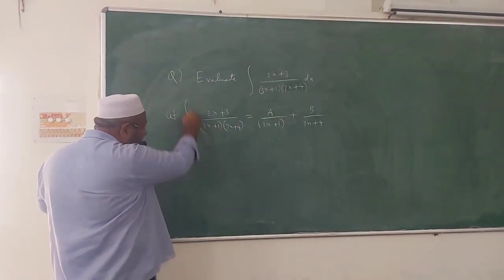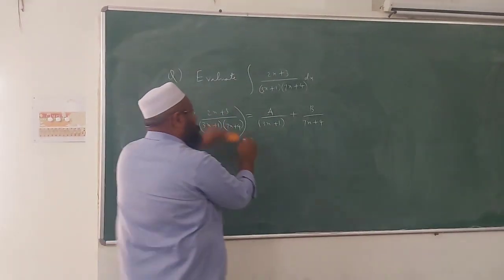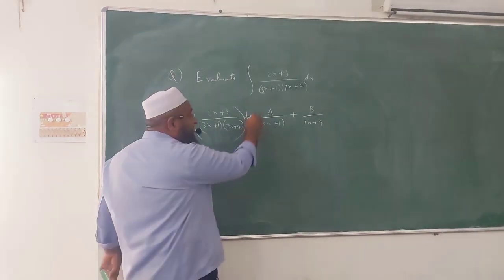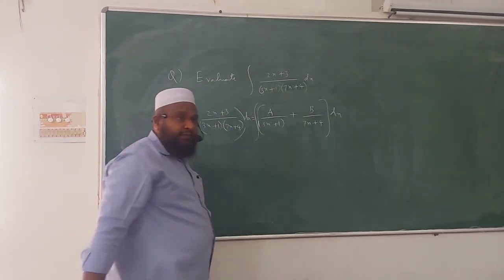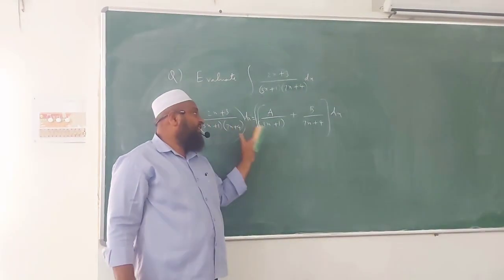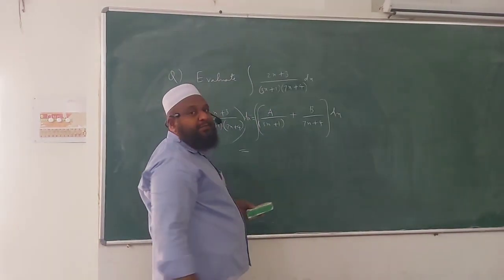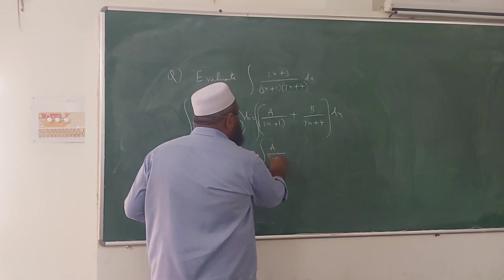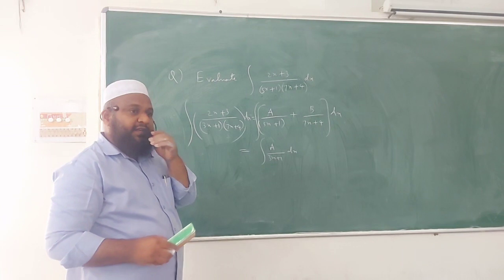What will be the integral for this one then? This is written as the sum of two functions, so the integral is the sum of two integrals. One will be integral a by 3x plus 1 dx, whatever numbers are coming there will be written here.